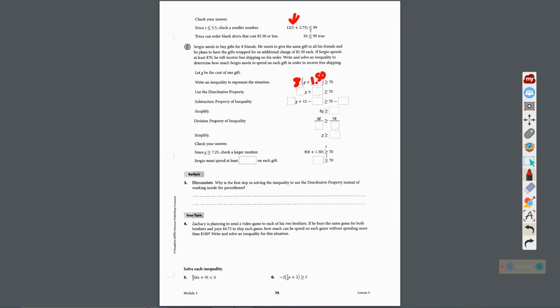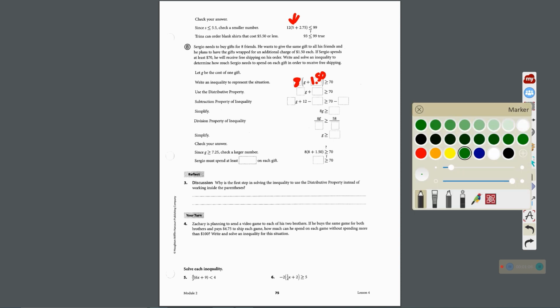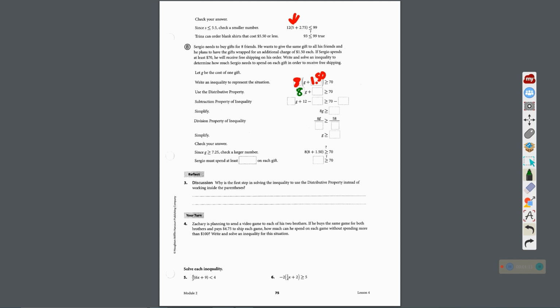So then they distribute. 8 times G would be 8G, and 8 times $1.50. So if you want to, you can do that in your head or in your calculator, which should be 12. And then it shows that they are going to subtract 12 from both sides.